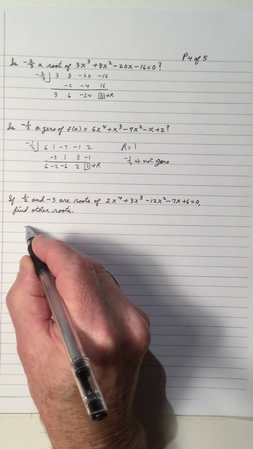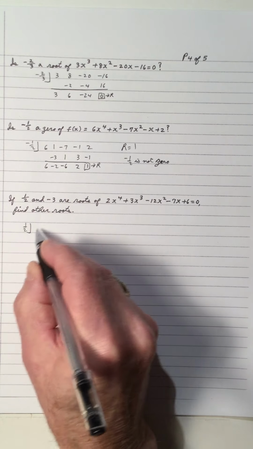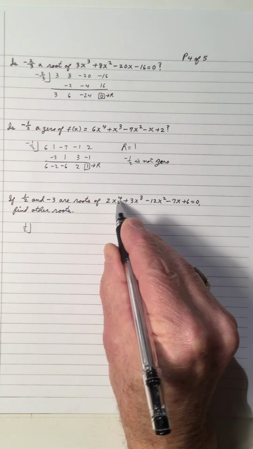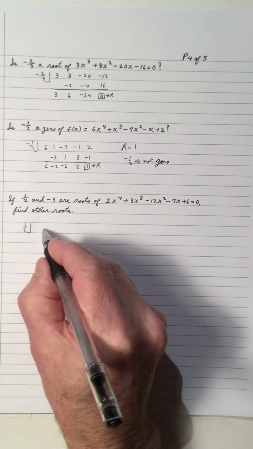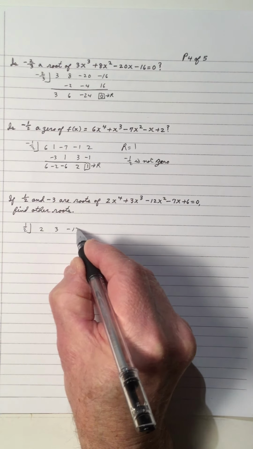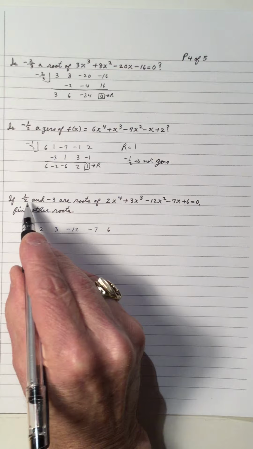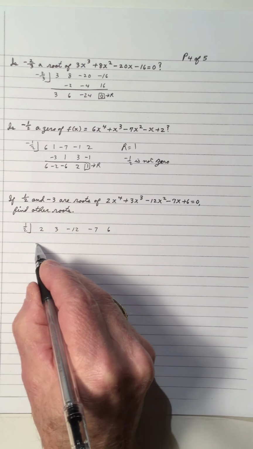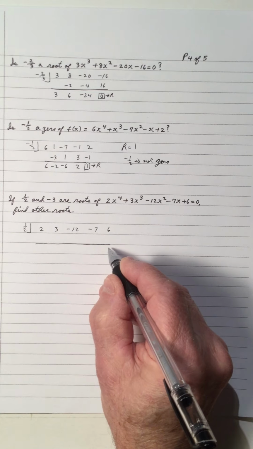But if you do synthetic division with the half, I just want to make sure the powers 4, 3, 2, 1 are all there. So I got a 2, a 3, a negative 12, a negative 7, and a 6. If they're roots, that means right here you're going to have a 0 remainder.